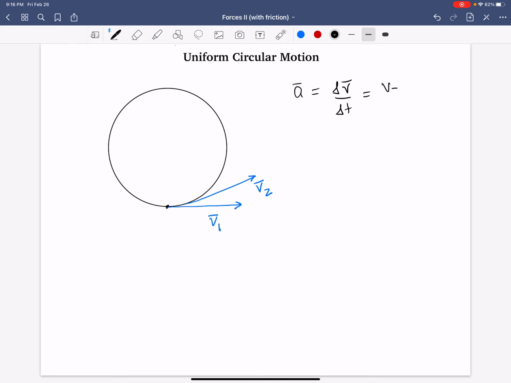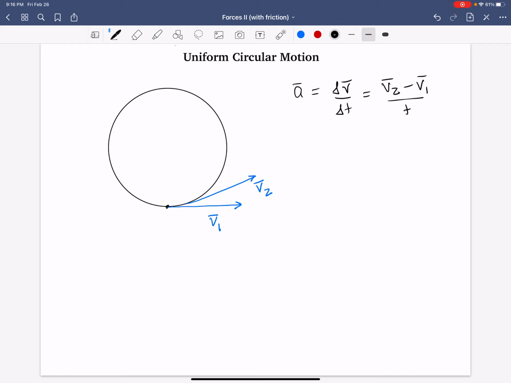Written another way, v2 minus v1 over, well, t2 minus t1, or let's just call it t, right, over some time. So in our example here, it's a very short time, right, from when the particle was at, say, the very bottom to, well, just past the very bottom. So that's a very short time.